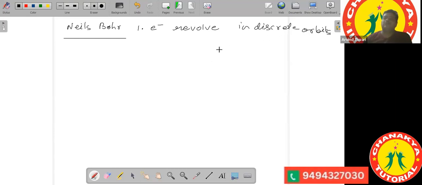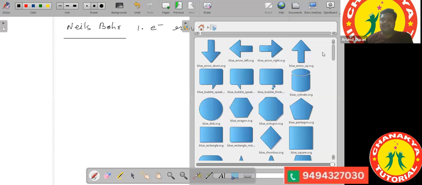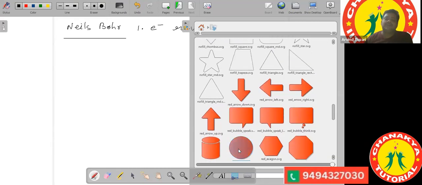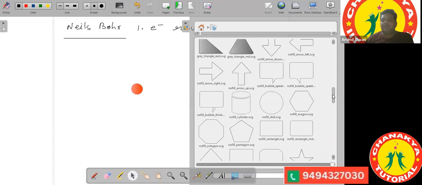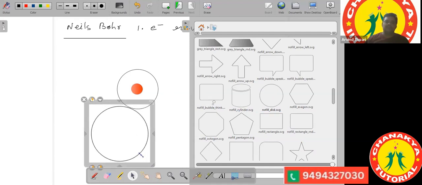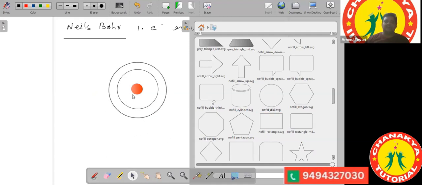It is something like this. Suppose this is your nucleus, and let electrons revolve around this. Suppose I am considering two orbits around the nucleus.